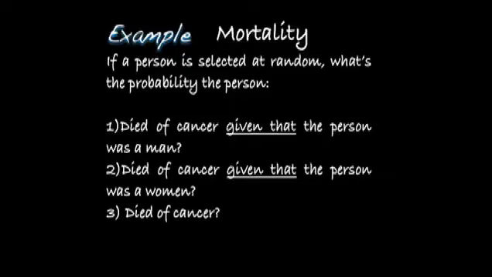If you select a person at random, what's the probability that the person, question 1, died of cancer, given that the person was a man? Question 2, died of cancer, given that the person was a woman? And question 3, simply died of cancer, irrespective of the sex.